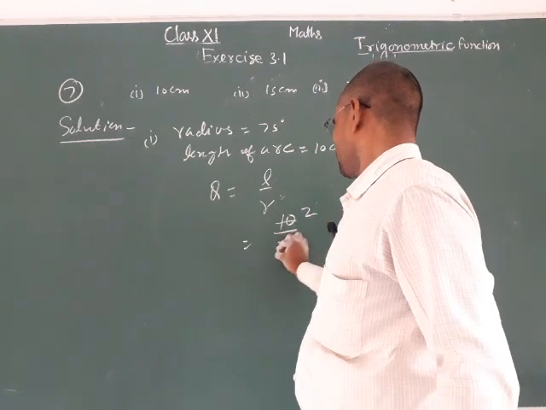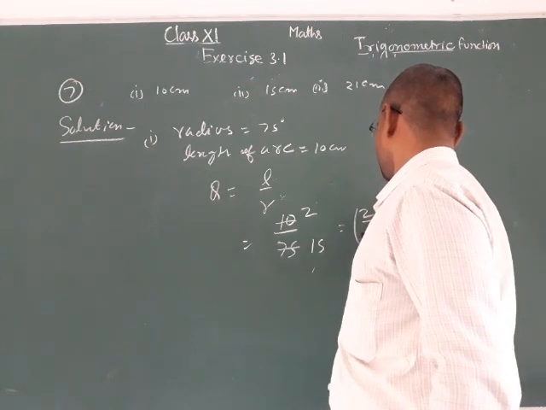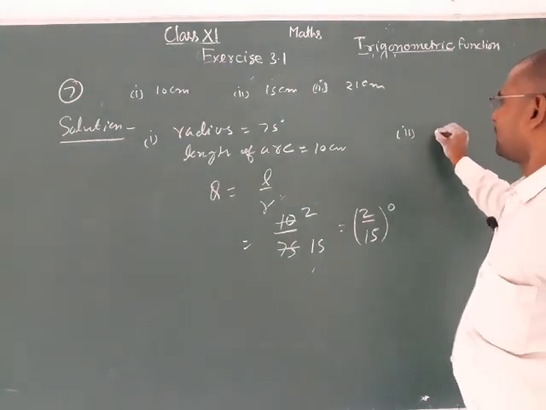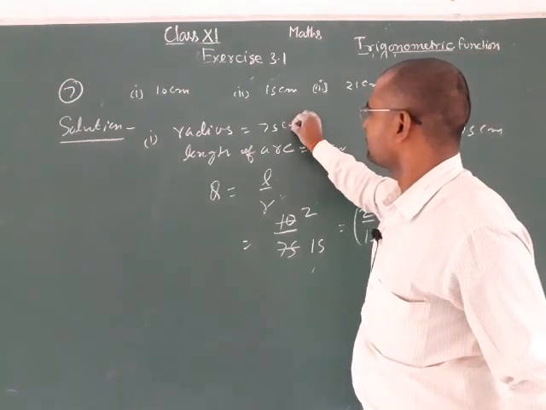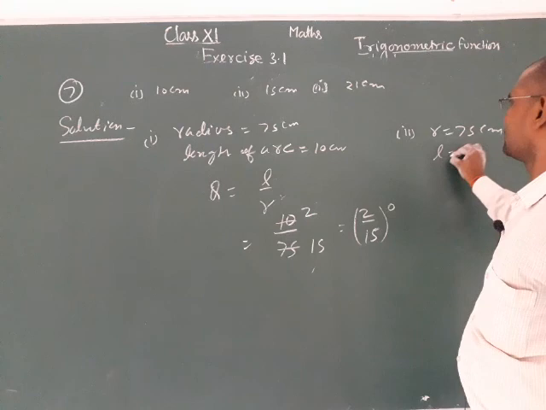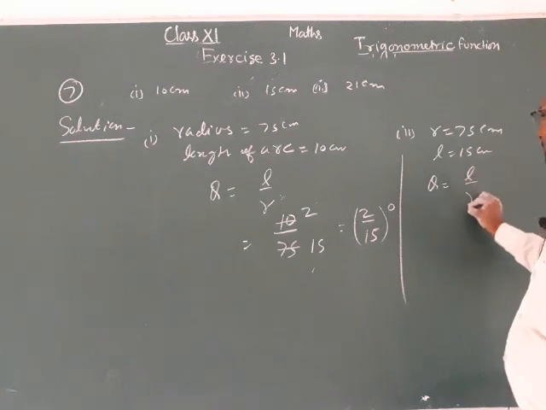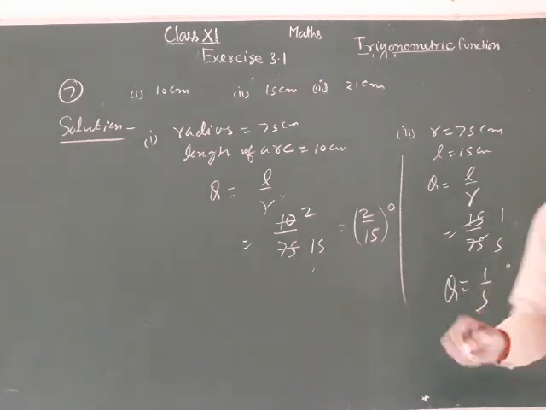So 2 upon 15. And also part second, R is equal to 75 centimeter, and L is equal to 15 centimeter. So theta is equal to L upon R, so 15 upon 75. So 1 upon 5. That's all.